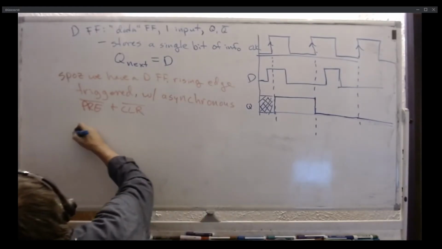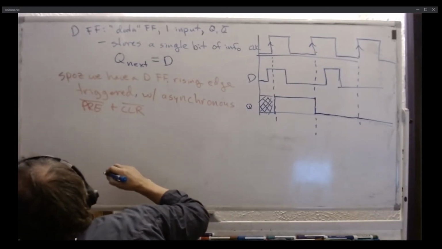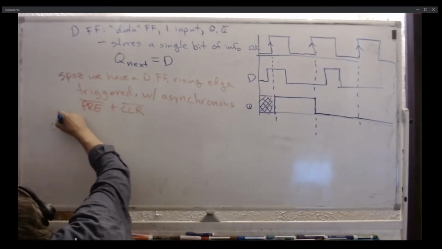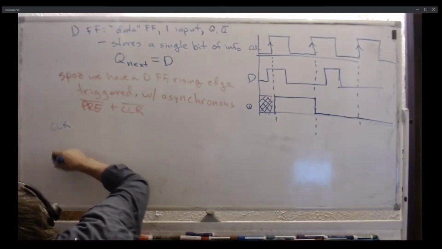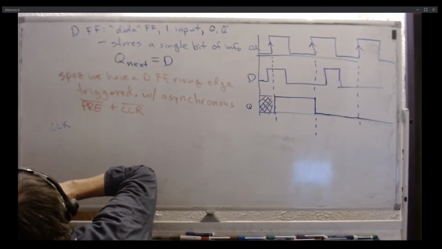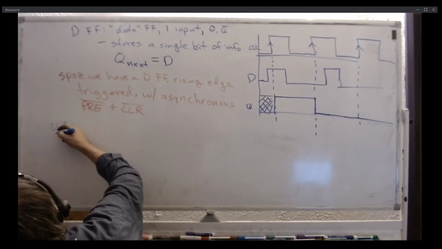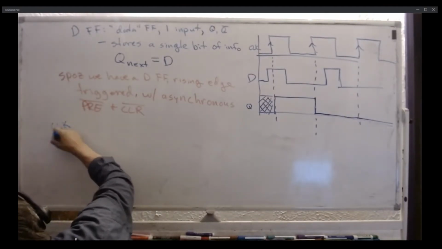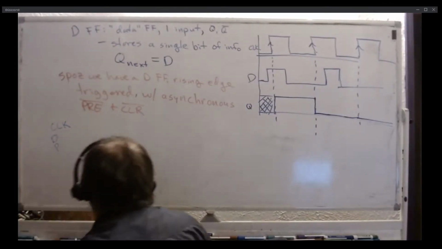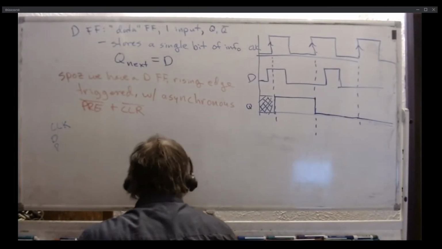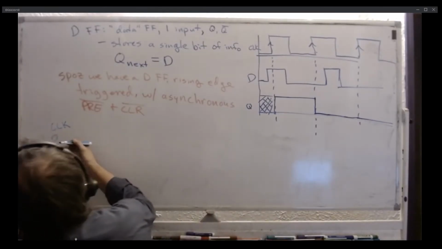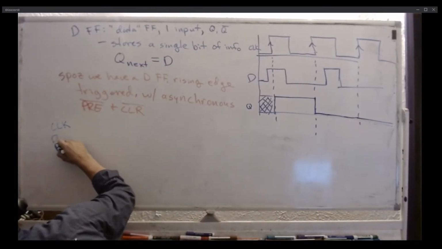Okay, big timing diagram, guys. What do we need? We need clock. We need D. We need a better marker. Here it is.